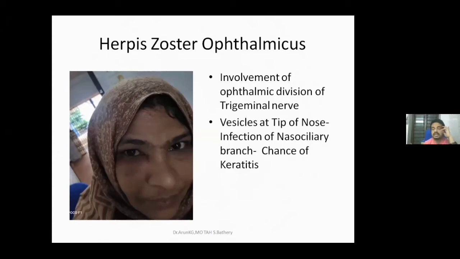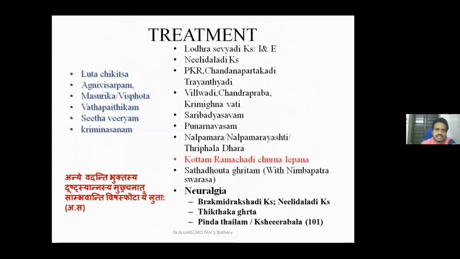It is better to start acyclovir here, because it's not good to take a chance that the patient loses his vision. Here we can consider Aluda Chikitsa, Agnisarpahara Chikitsa, Masurika Sphota Chikitsa, Vata Pitta Shamaka, Sheeta Vidhya Krimighna Chikitsa, with external and internal administration.